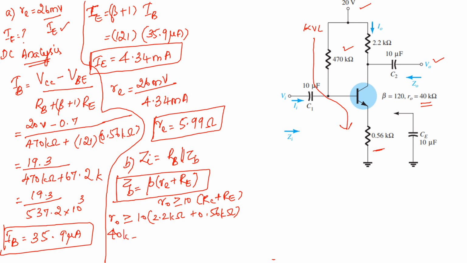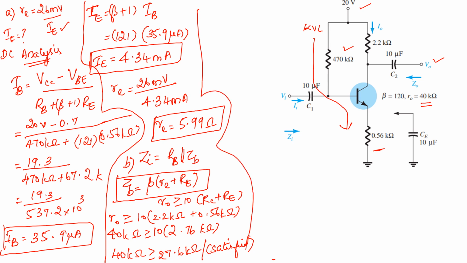So 40 kilo ohm is greater than or equal to 10 into 2.76 kilo ohm, that is 27.6 kilo ohm. Yes, 40 is greater than 27.6. The condition is satisfied, so you can proceed with the calculation.